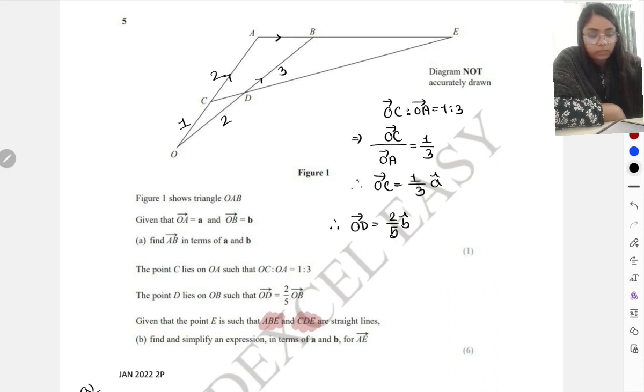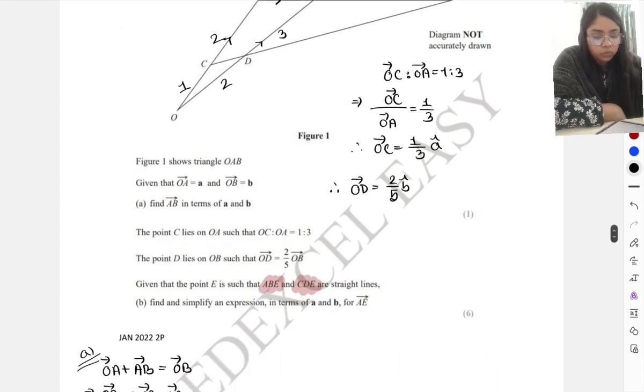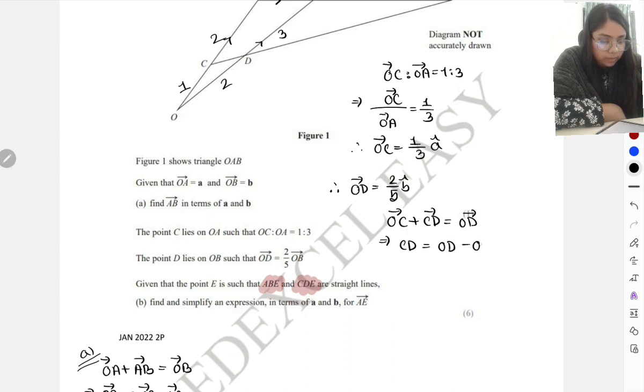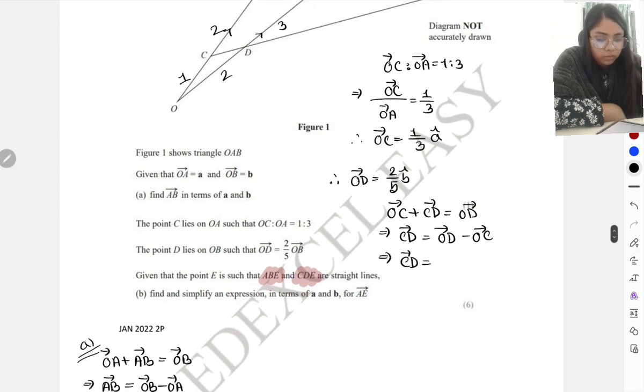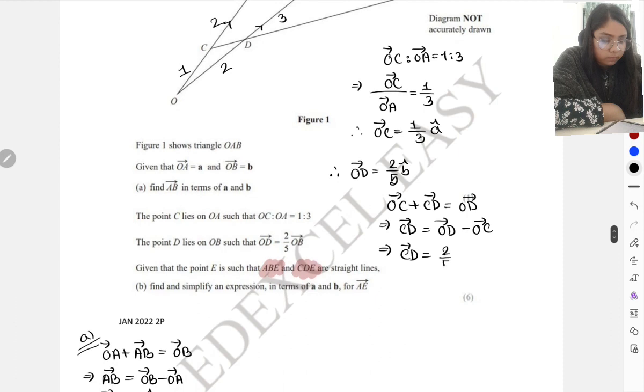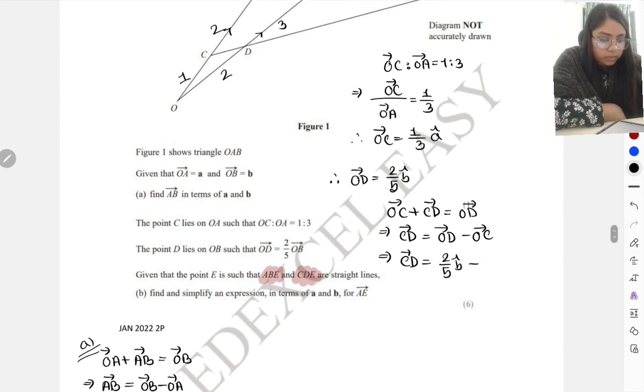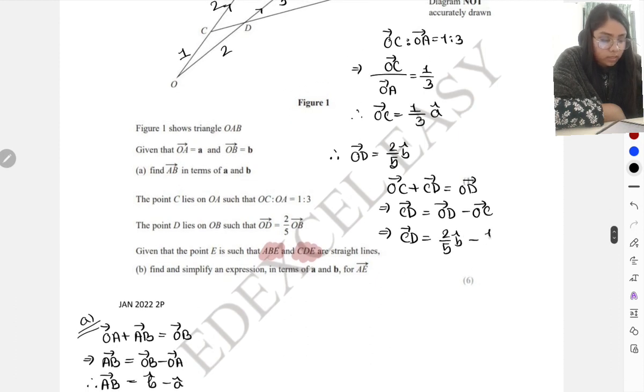Now we'll directly move on to calculate the length for CD, which is going to be OC plus CD equals OD, right? So if you focus on CD, it's going to be CD as OD minus OC. OD was 2 by 5 B minus OC, which is 1 by 3 A, right?